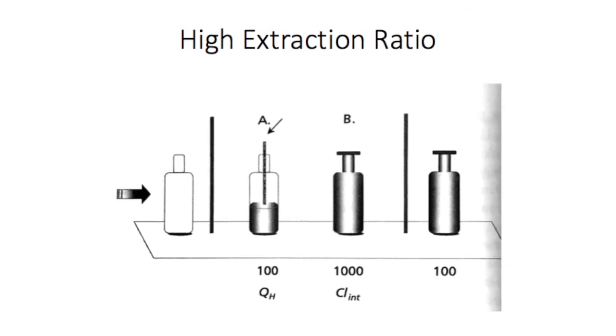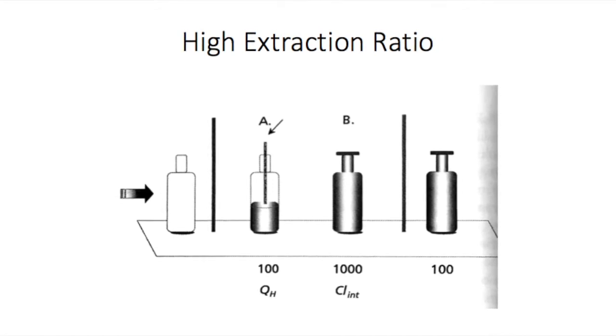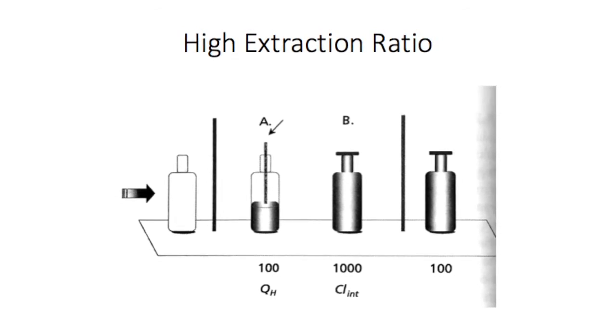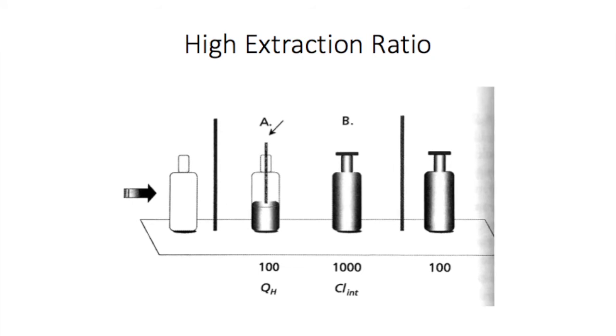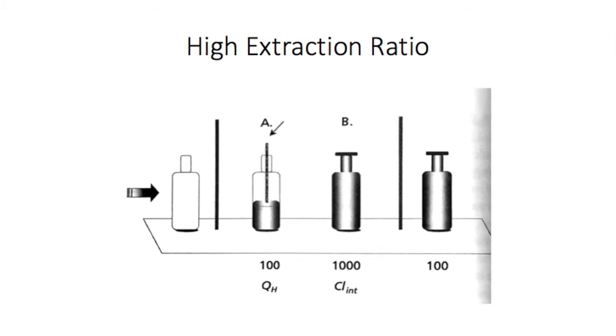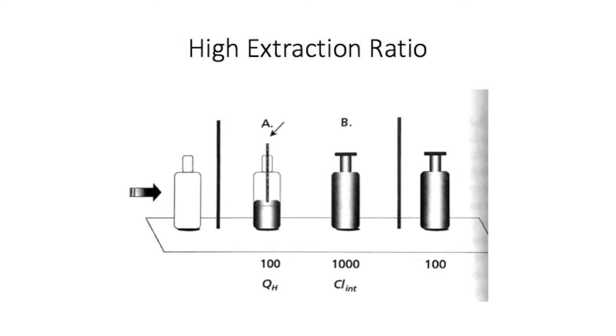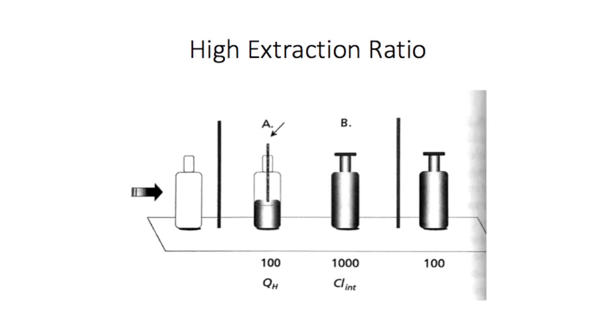If we have a high extraction ratio, this means that the capacity to cork the bottle far exceeds the rate at which the bottles are filled, and the system has an excess capacity to cork the bottles. Therefore, if the rate of bottle filling or the blood flow increases, so does the overall clearance, because the system has the capacity to handle the extra bottles.